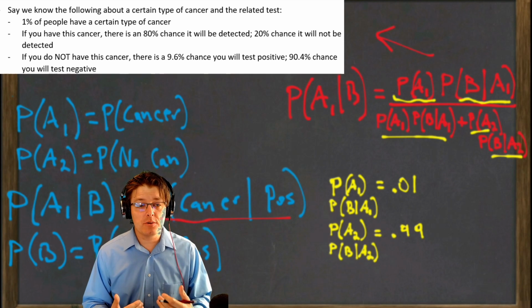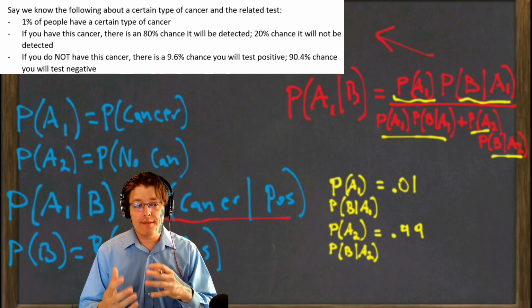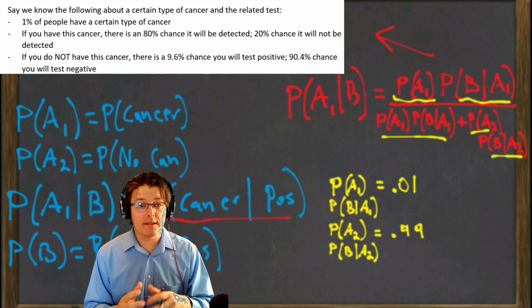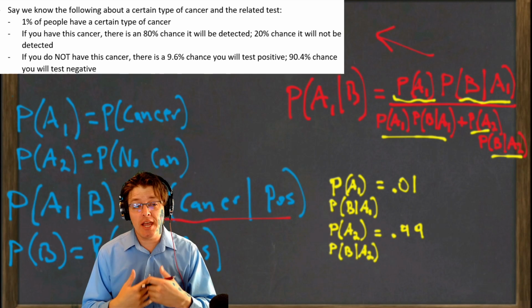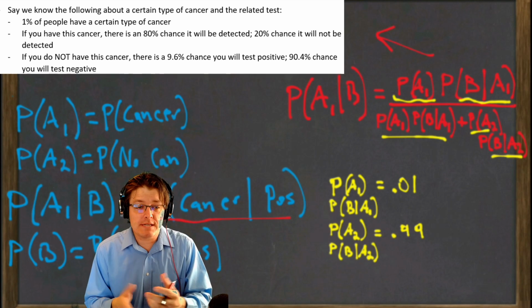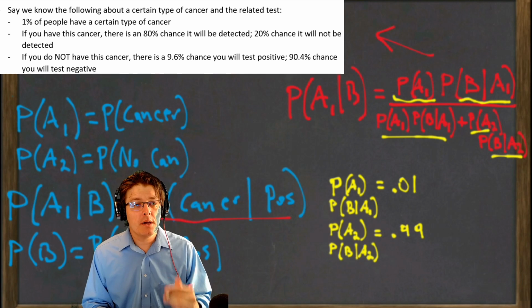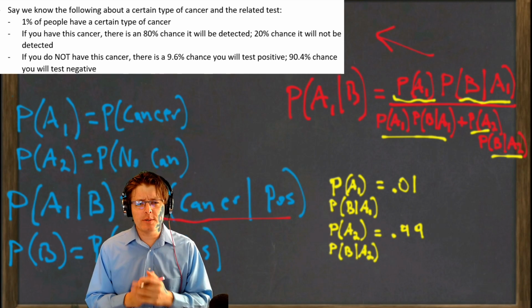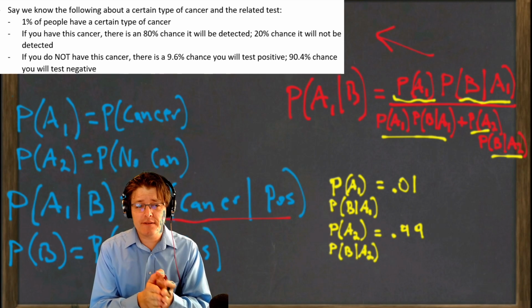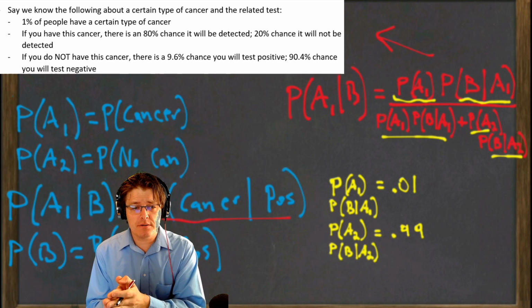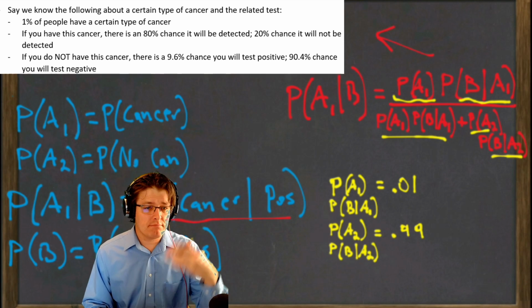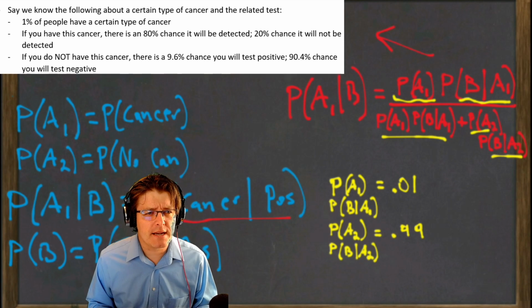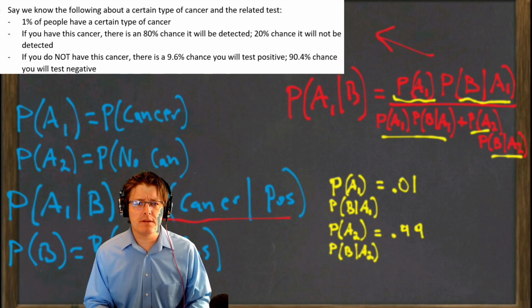Now, the only two left to plug in are based on the testing. Of course, this is going to change depending on the quality of the test. But here, what's the probability that you test positive given A1, given that you have cancer? That's in our second dash. If you have cancer, 80% it'll be detected.